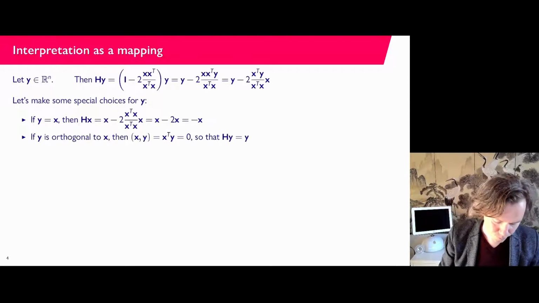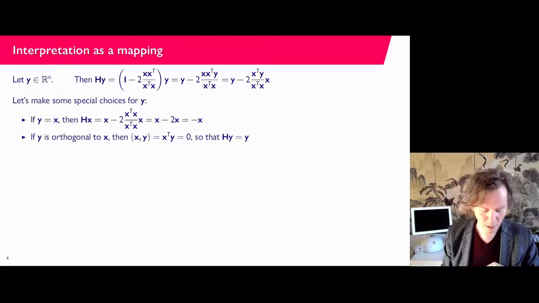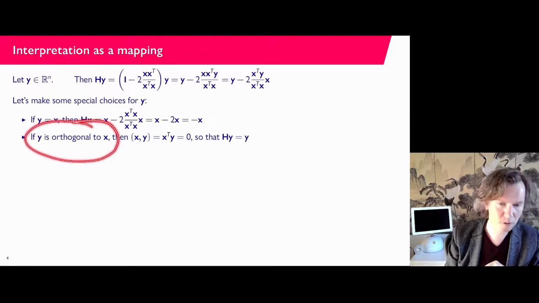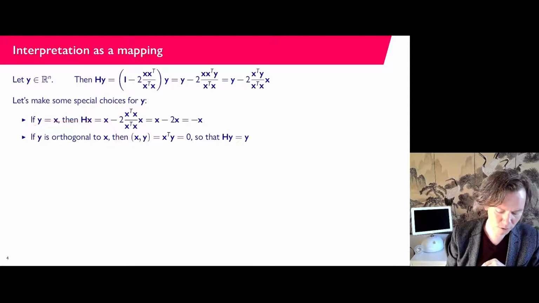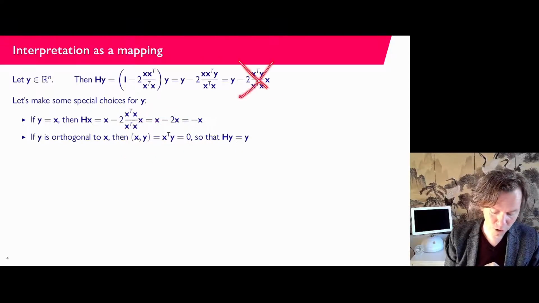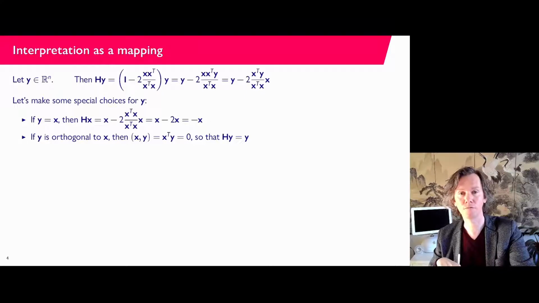Okay. Now, another specific choice that you could make is that we pick a y that is orthogonal to x. So they make a 90-degree angle, and that means that their inner product is 0. So if you do that, this term is going to vanish, going to be 0. So then we have that H applied to such a vector is the vector itself.